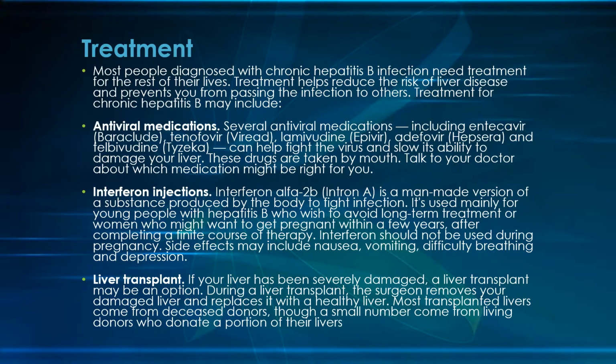Okay, there are four different treatment forms for people infected with HBV. Most people diagnosed with chronic hepatitis B infection need treatment for the rest of their lives. Treatment helps reduce the risk of liver disease and prevents you from passing the infection to others. Treatment for chronic hepatitis B may include antiviral medications.